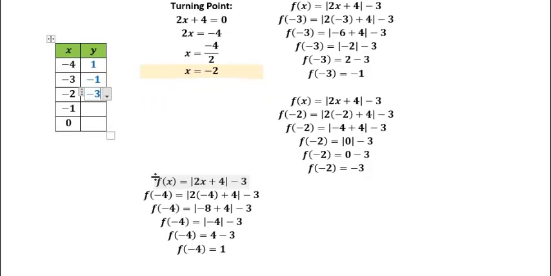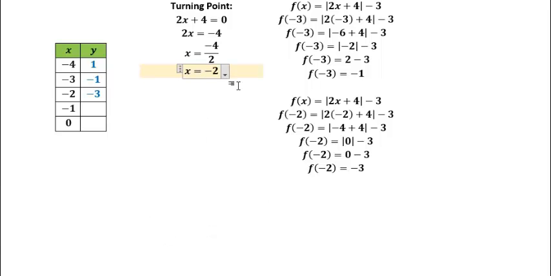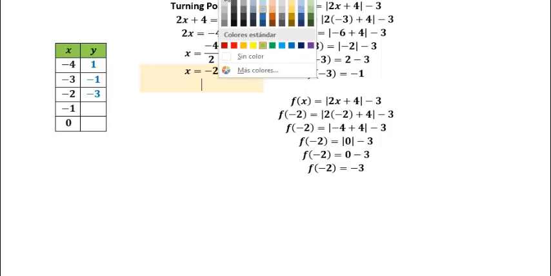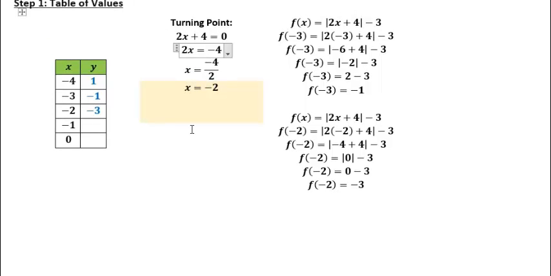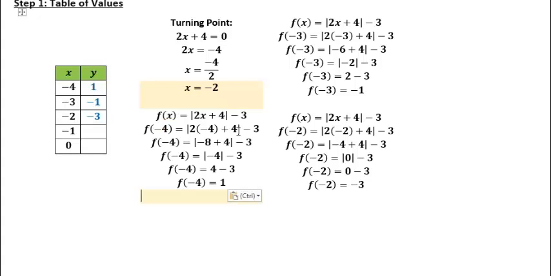Okay, copy this thingy up. Okay, leave it like that.